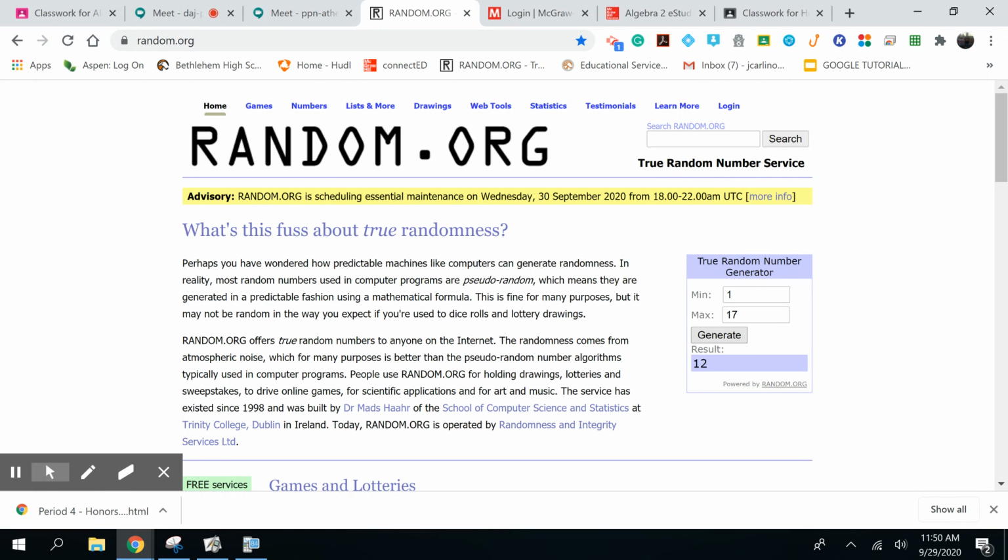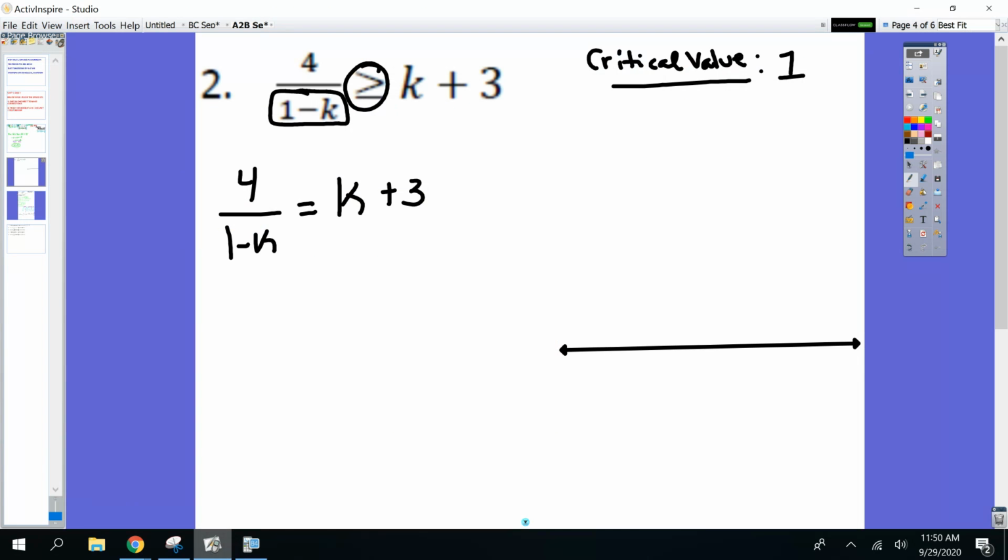Dan, what's my common denominator? 1 minus k. Yep. Ready? 1 minus k. Don't forget about the other side. Hey, look, don't forget. 1 minus k. So you will not be able to cross anything out on that right side. You guys are gone. Go, go, go.